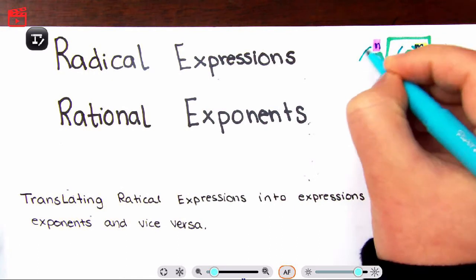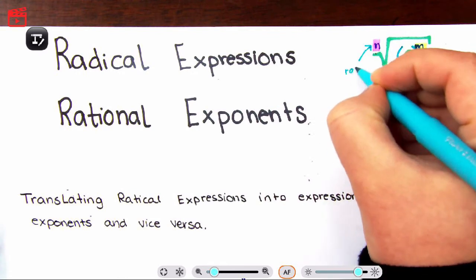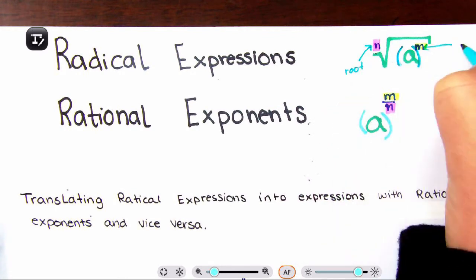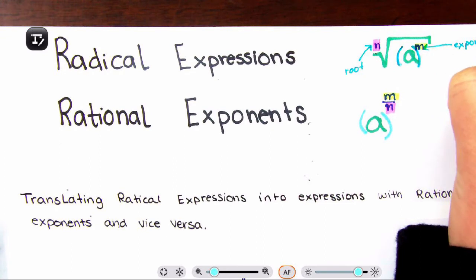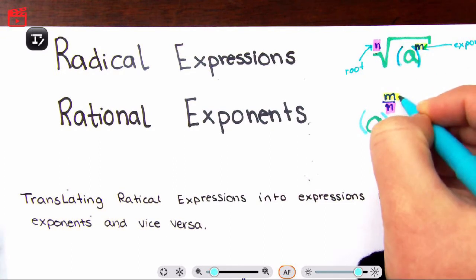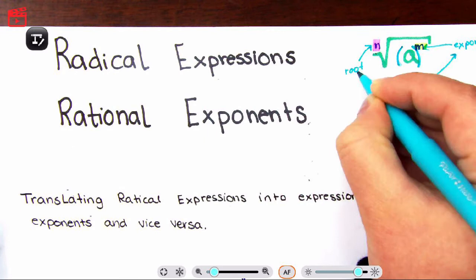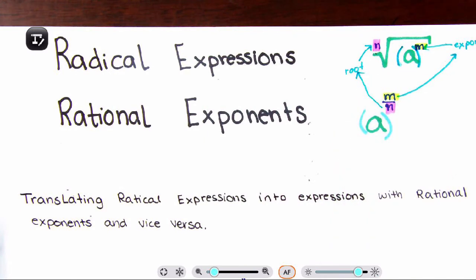So n is your root. M is the exponent. M is the exponent, n is your root. So when we rewrite from a radical expression to a rational exponent, you need to make sure that you have that correct.